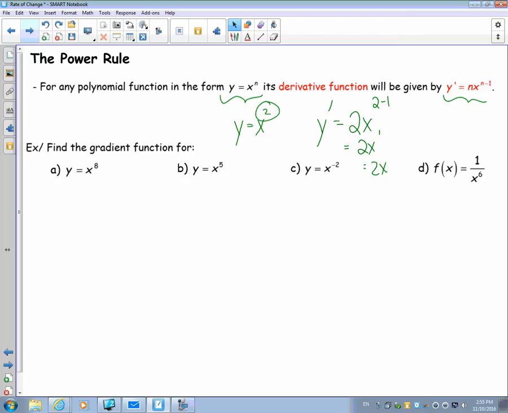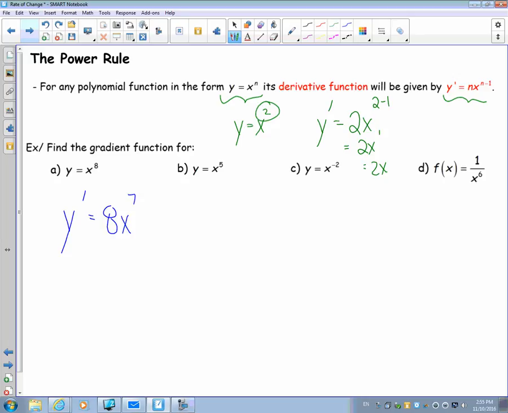So what does that mean? Well, that means if I get more complicated functions, like this example here, I can find their derivatives, their slope of the tangent, very quickly. How am I going to do that? Well, let's look at part A. I want my derivative. My derivative is, notation here, y prime, the 8 comes down in front, times x to the power of, I take my exponent and subtract 1, so 7.